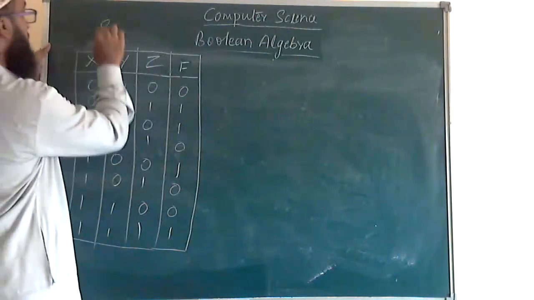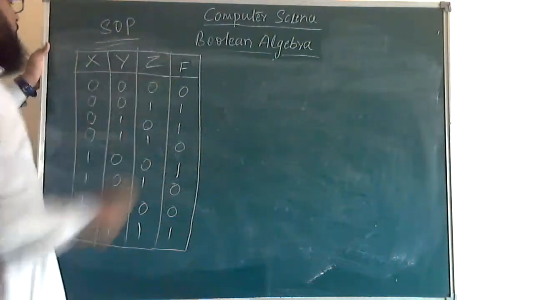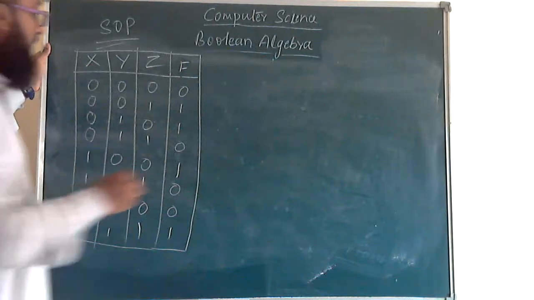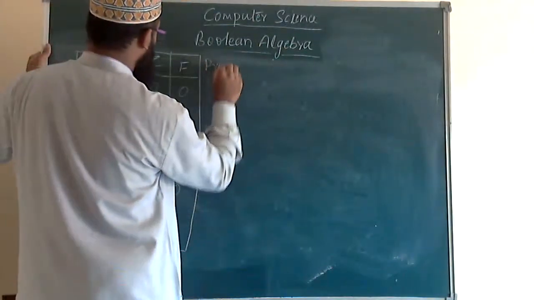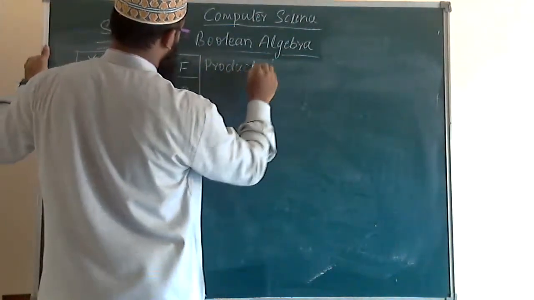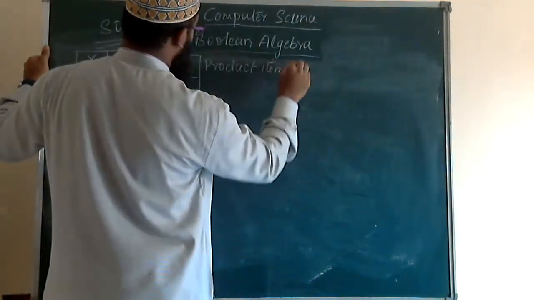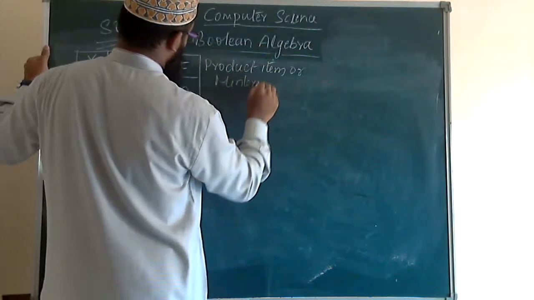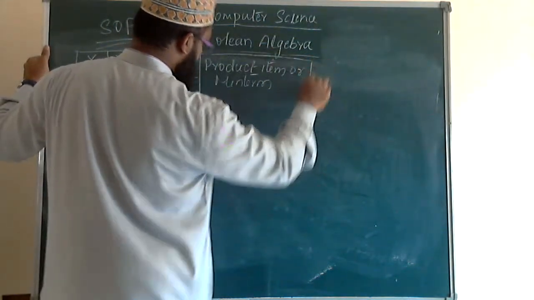Okay, this is SOP. Now from SOP, we are going to derive the canonical SOP form. Then product term, or min term.